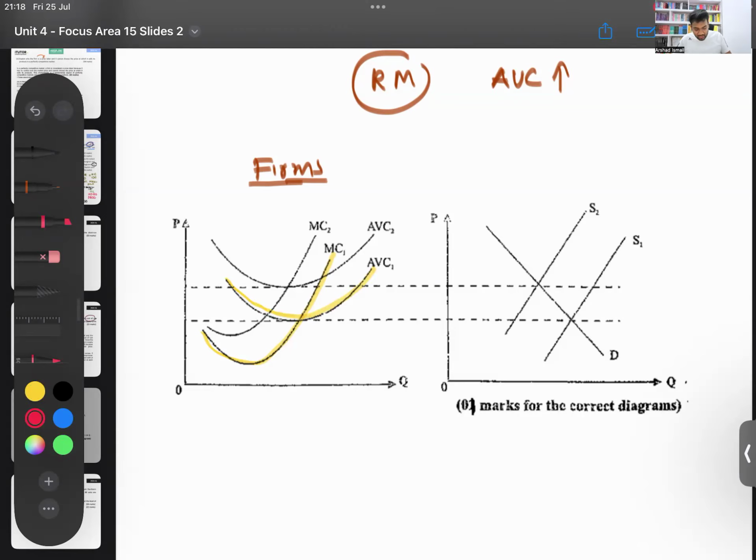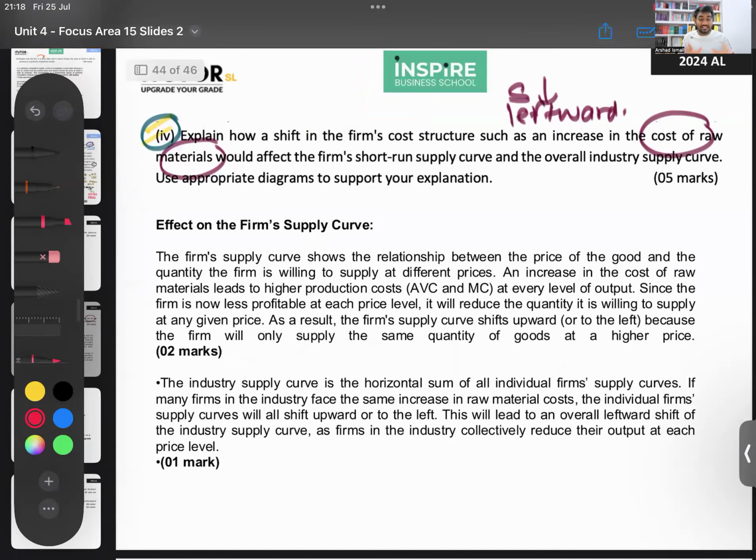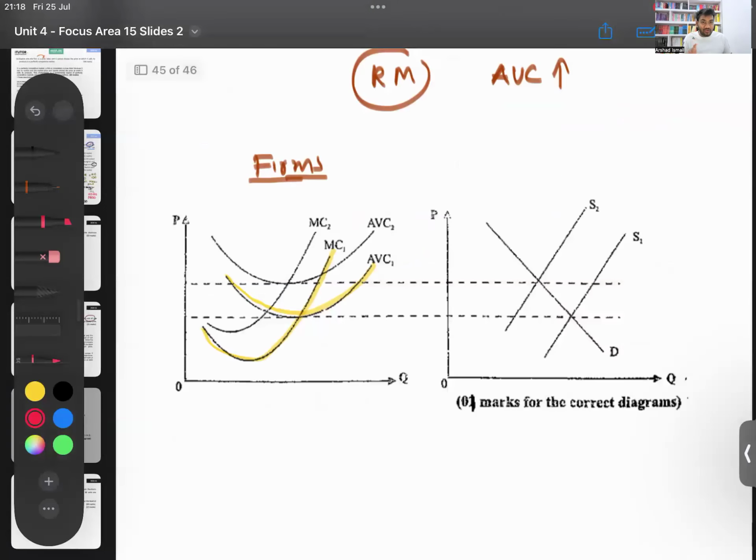The question is saying, look here, now what is happening? The raw material prices are increasing. So they're asking you, how will that affect the firm's supply curve and also the industry? We'll keep the industry aside for now. If the raw material prices increase, you have to explain that your variable cost is rising.